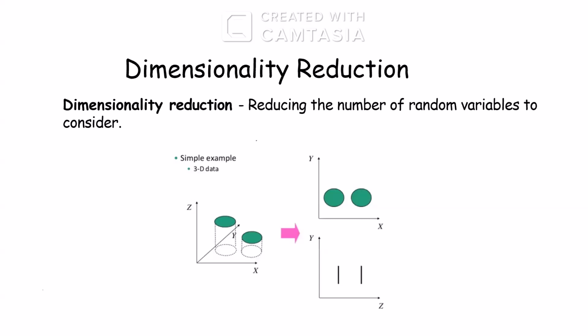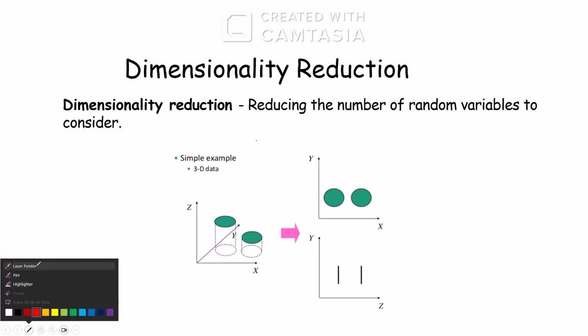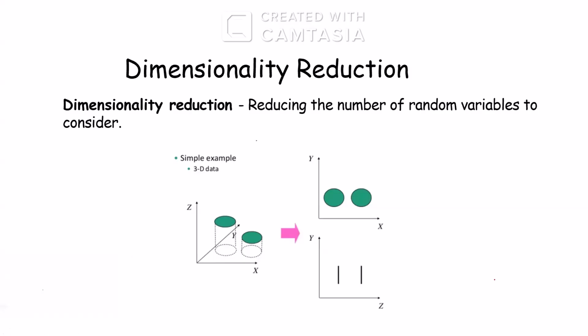Okay. So dimensionality reduction in machine learning actually deals with reducing the dimensions of data. As I said, if we have n columns, x1, x2, x3, etc. up to xn, then we have observation 1, observation 2, observation 3, etc. up to observation m.